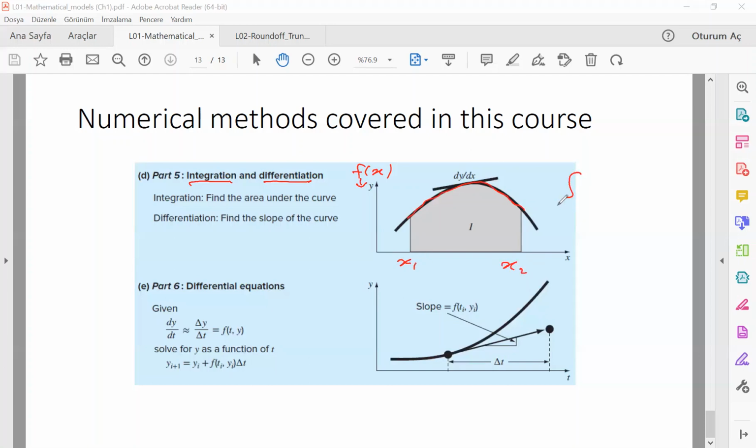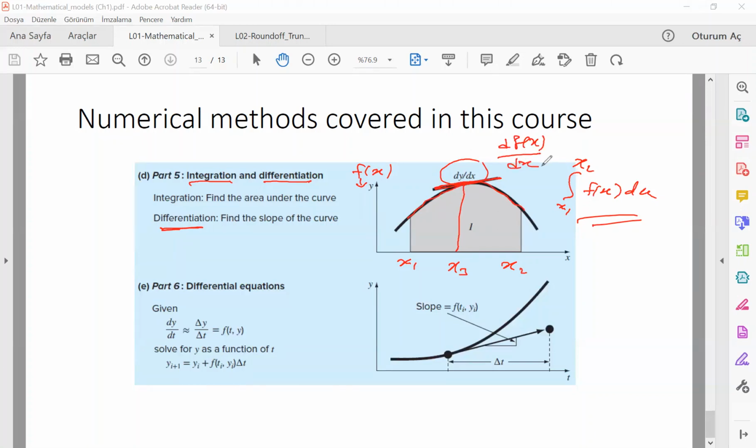So that is simply the integral from x1 to x2 of f of x dx. On the other hand, differentiation is simply the slope of any function or curve at any point. Here, for example, let's say x3. So this slope is simply the differentiation of this function, df/dx.